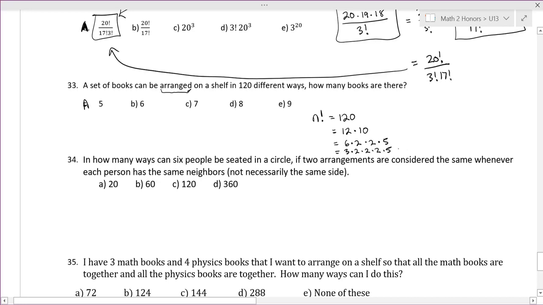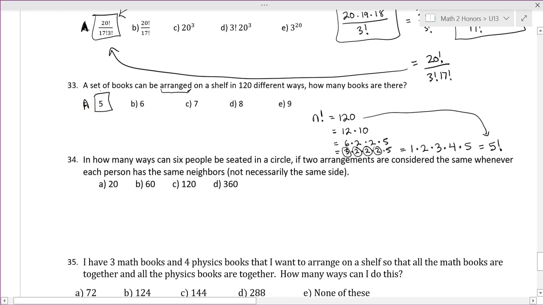Now I'm going to try to rewrite this as a factorial. That's equal to 1 times 2, and I'm going to grab that 2 right there, times 3, use that 3 right there, times 4. To make 4, I need to multiply the 2 and 2 together, times 5, and notice that that is 5 factorial. So 120 is 5 factorial, and so 5 is going to be our answer.